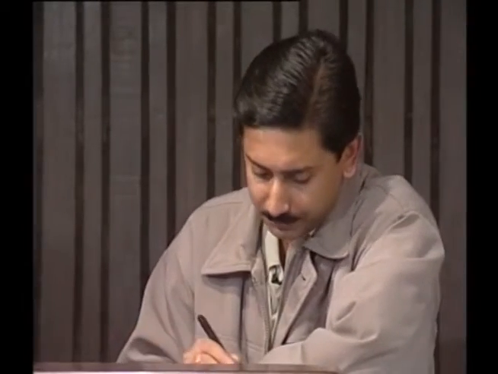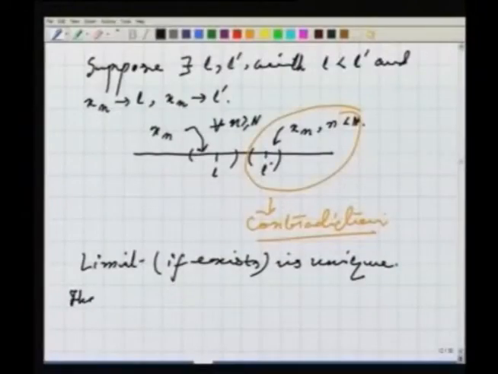Well, to do that we need something called the sandwich theorem. Let us come to that. So, it is a theorem. Once I tell you the theorem, using this theorem you can prove that there are many sequences which actually converge.